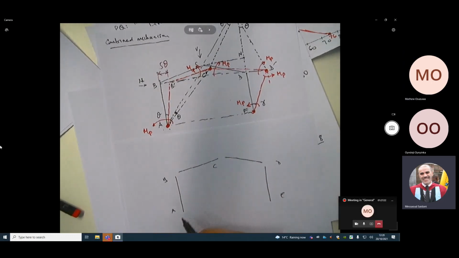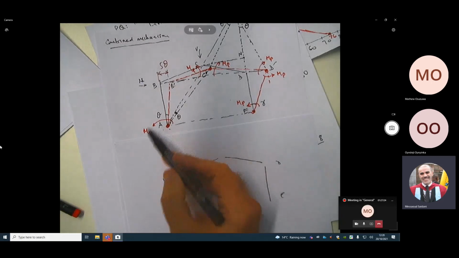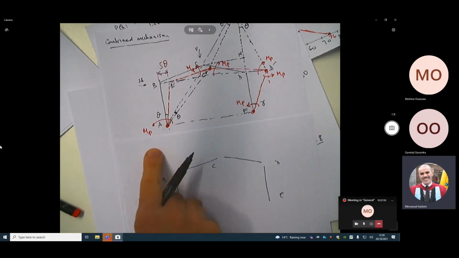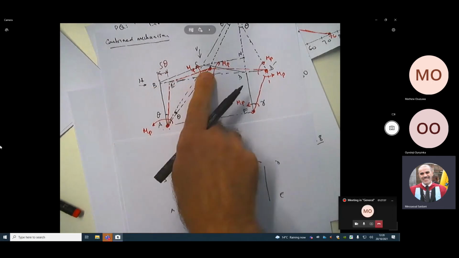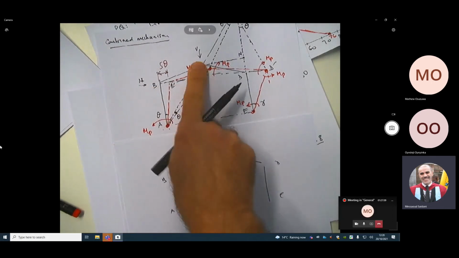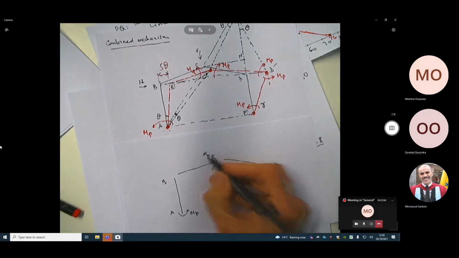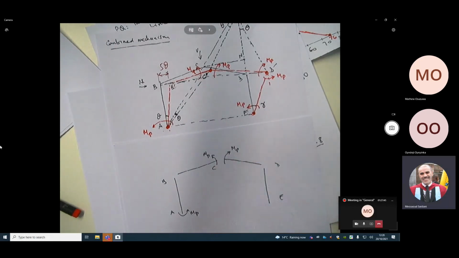Okay, so at A, we have an anti-clockwise moment, MP. At B, we don't know yet, that's unknown. What we know is that at C, we have MP, anti-clockwise MP and clockwise MP for equilibrium.